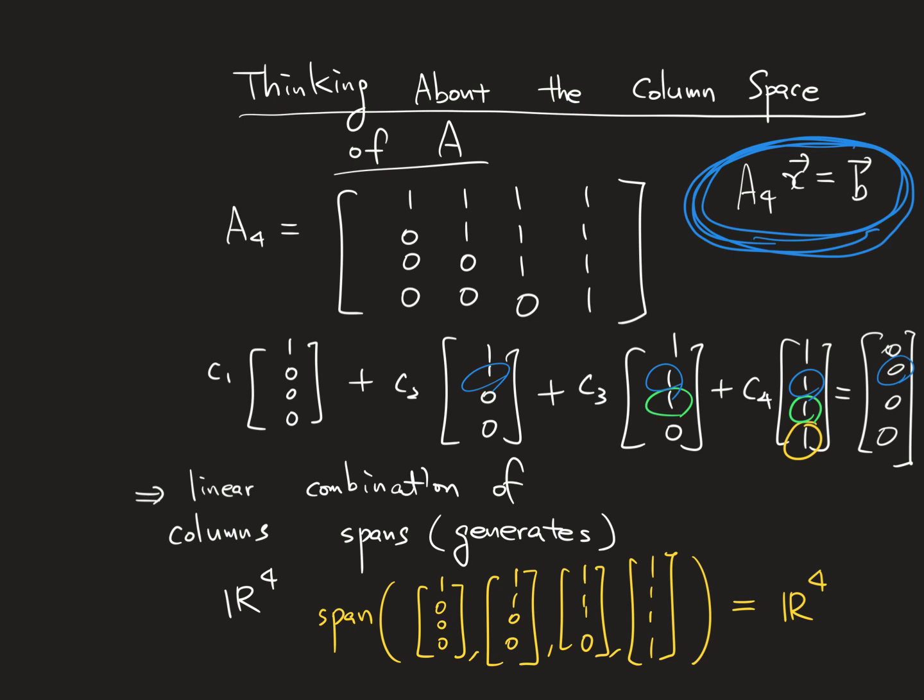That means we can generate any vector. So if somebody puts any vector in the b position, we can find the solution weights.